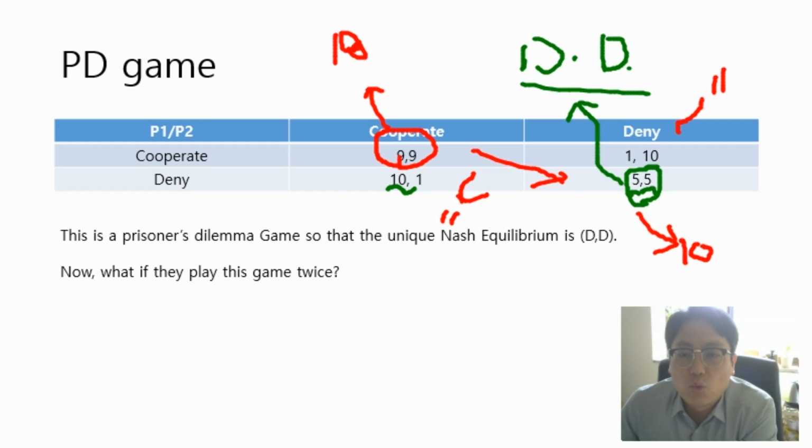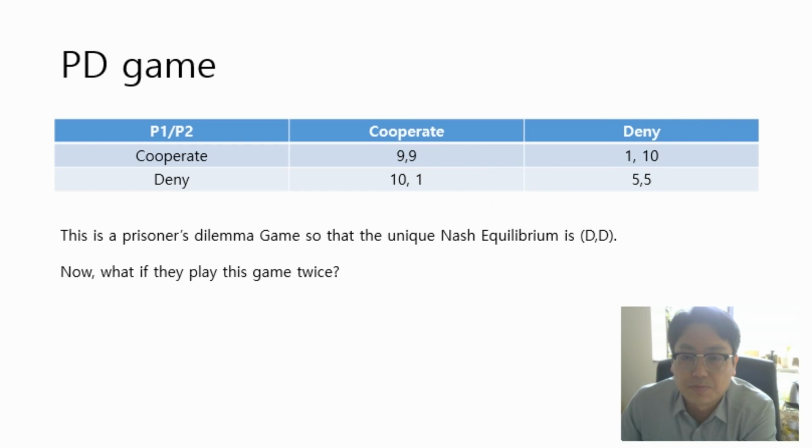So how can we solve or improve this problem? There are lots of ways, but the first way people can think of is: what if they play this game twice? In one sense, this prisoner's dilemma game gives people a chance to cooperate, but they didn't. What if we give them one more chance? Let's analyze it.